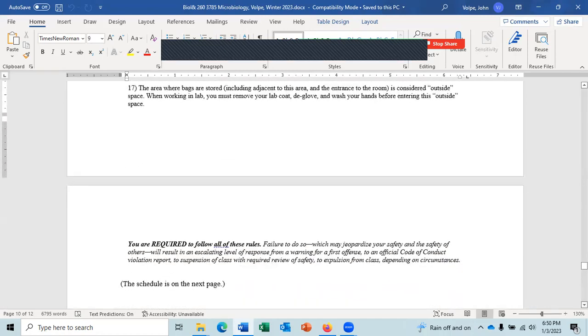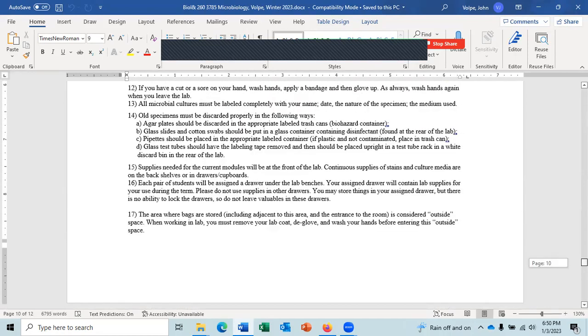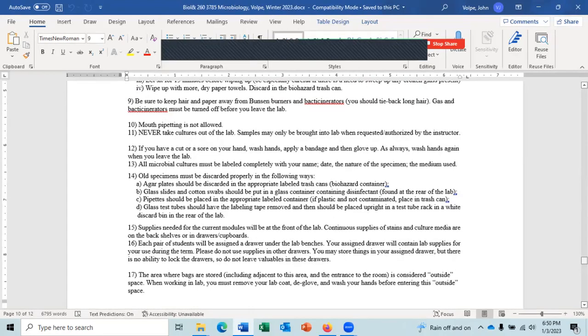All right, any questions about the lab and lab safety? Anything that has a bacterial culture on it that does not have any glass goes in the biohazard trash, meaning it's usually an autoclave bag, and we call it biohazard trash. You put anything that has bacterial cultures or contaminated by bacterial cultures in that container, unless it has glass.